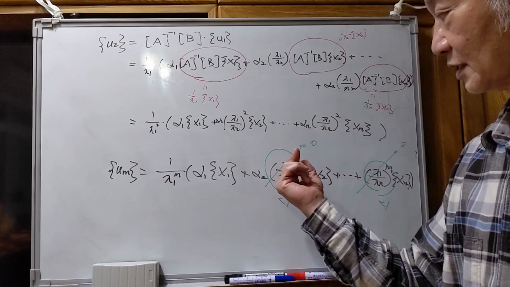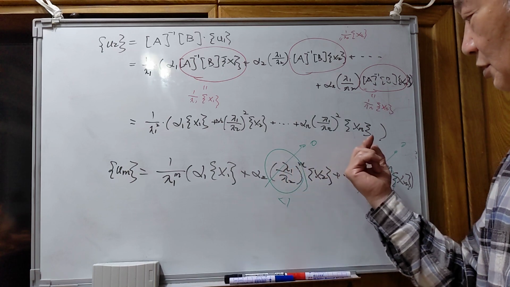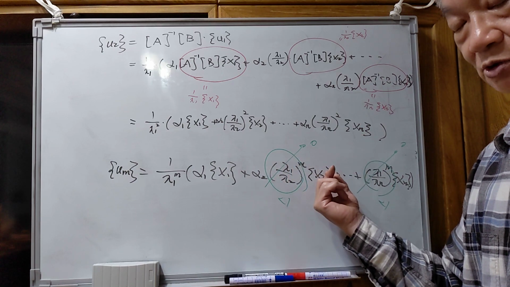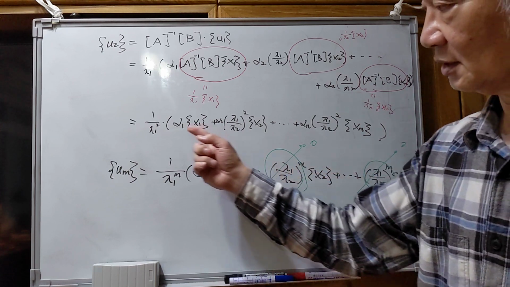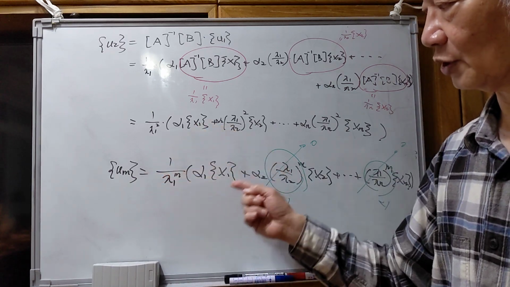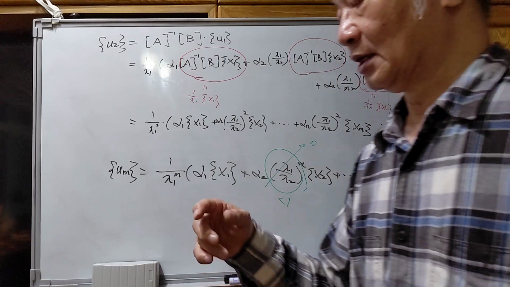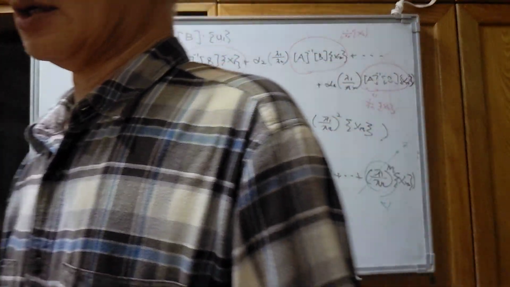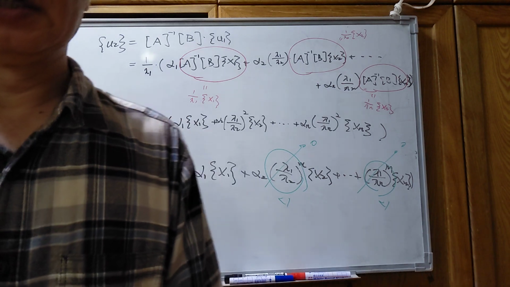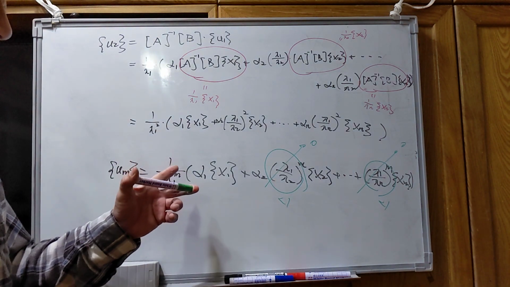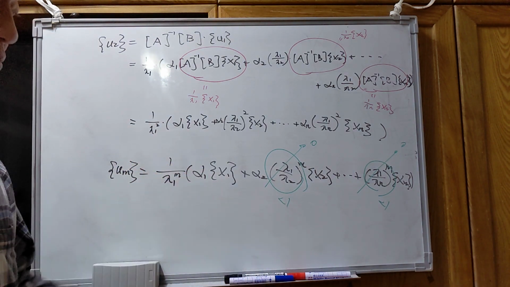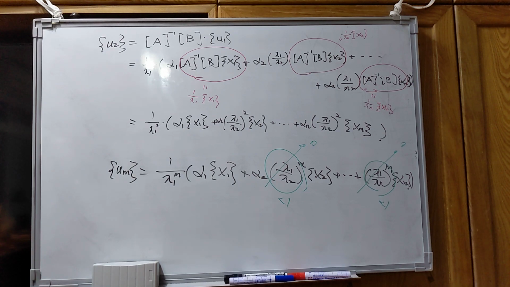So if the second term approaches 0 and the third term approaches 0, then the vector will approach x1. If we keep on with the iterations, it will always approach x1.